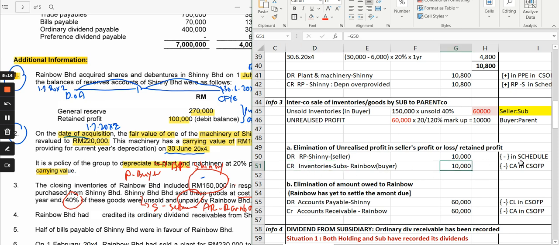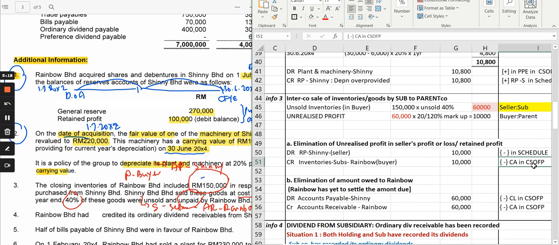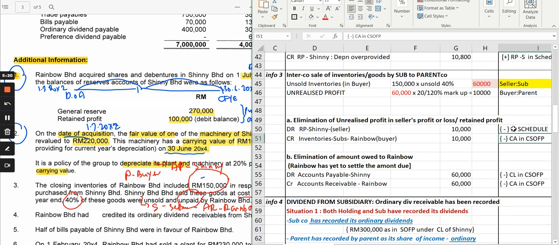When you credit inventories, you need to later adjust the current assets in your consolidated statement of financial position. But bear in mind, this one must be adjusted in the retained profit, which is in the schedule or the workings that you prepare. You can also do that in your worksheet, but for today, our focus is using the schedule, not the worksheet.